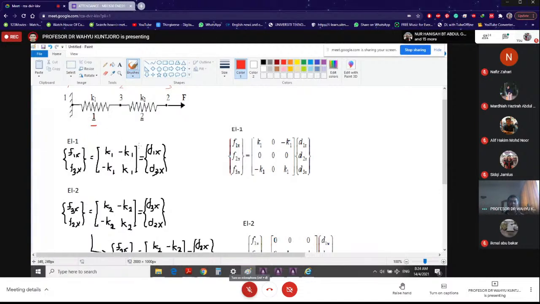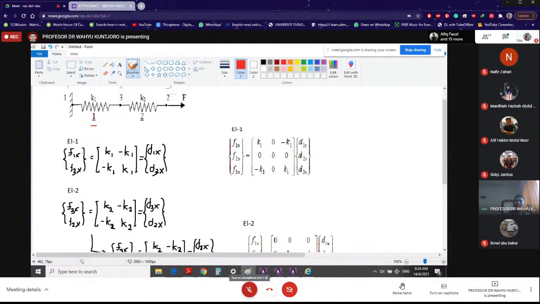We do the same for element number 2. For element number 2, the nodes are 3 and 2. So that's what you do: F3, F2, D3, D2, and for the element stiffness matrix, it is going to be K2, minus K2, minus K2, and K2, because that is the spring stiffness.